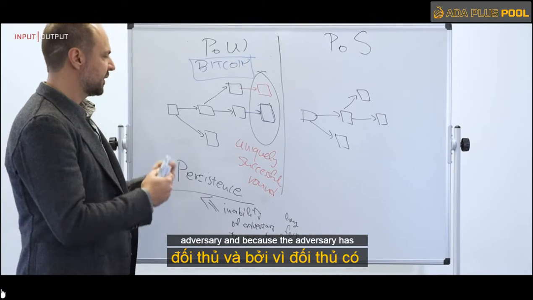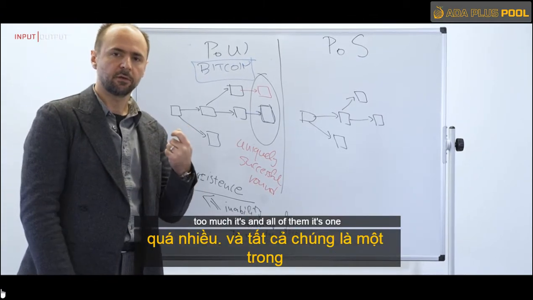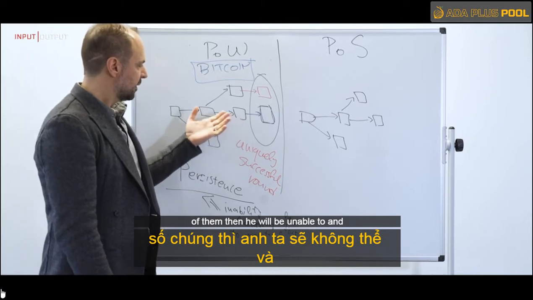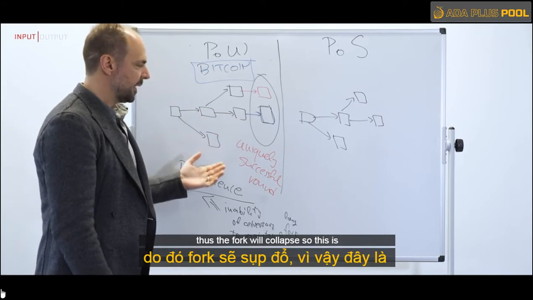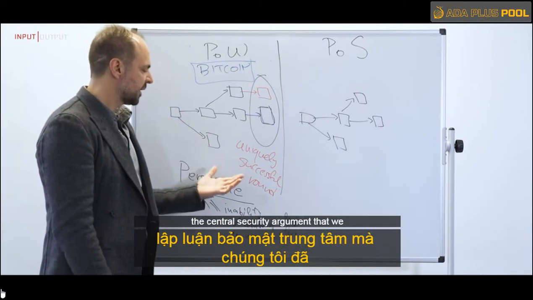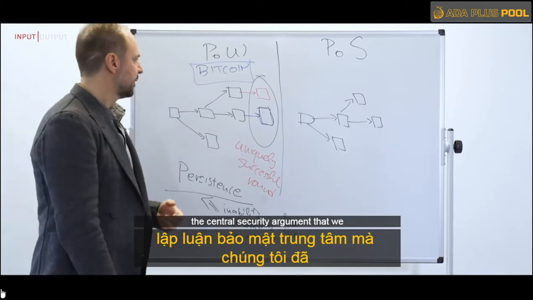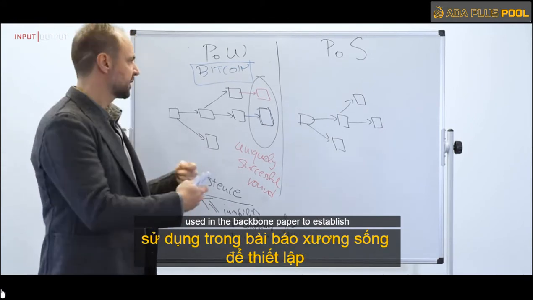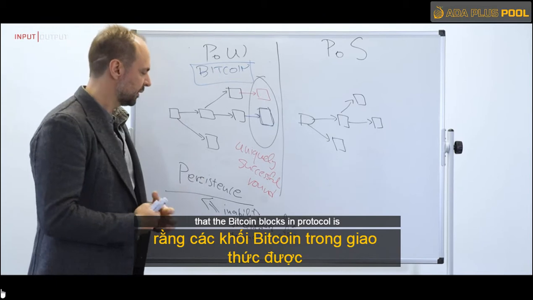And because the adversary has to match each and every one of them, he will be unable to, and thus the fork will collapse. So this is the central security argument that we used in the backbone paper to establish that the Bitcoin blockchain protocol is secure.